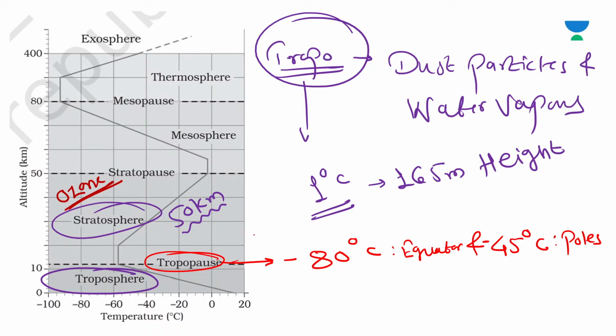Yes, the important feature of the stratosphere is that it contains the ozone layer, which absorbs ultraviolet radiation and shields life on the earth from intense, harmful forms of energy.